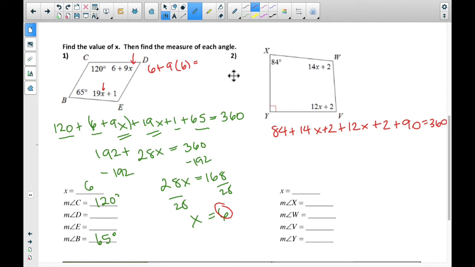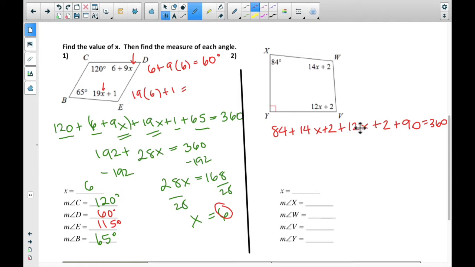I go to my calculator and work that out, and that comes out to be 60 degrees. And then on this one, 19 times 6 plus 1. I go to my calculator, and I get 115. Now, if I double check it, I should be able to add these up to get 360 also. So I know that's 180, and this is also 180, so yeah, it will add up to 360.